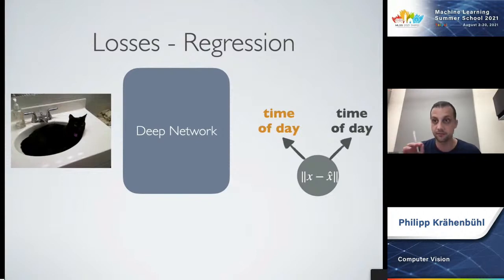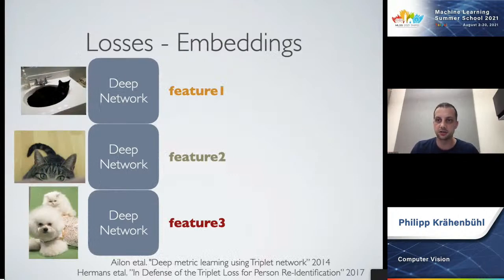Now, the final loss function that is a little bit special to computer vision are embeddings. Actually, by now embeddings are also used all over natural language processing. But in the early days, it was at least somewhat special to computer vision. And so here, the goal is to output a feature vector. Instead of outputting a different class or a different continuous value for each image, you now just output a continuous feature vector.